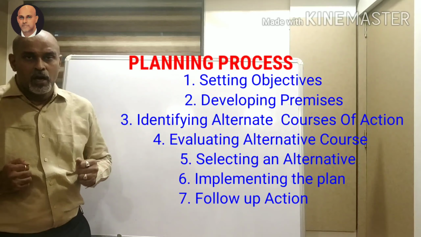The company wants to increase its sales from 2,000 crores to 2,500 crores. So these all are setting objectives. Everything in the process of planning sets off with setting the objectives.